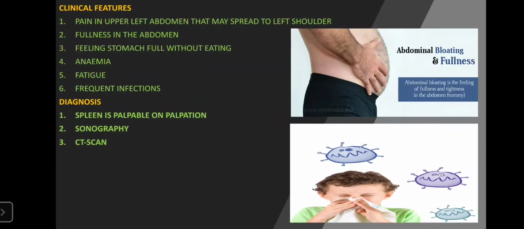The patient may be anemic and fatigued, and there are more chances of recurrent infections. For diagnosis, we can do palpation in which the spleen is palpable, and other diagnostic methods are sonography and CT scan.